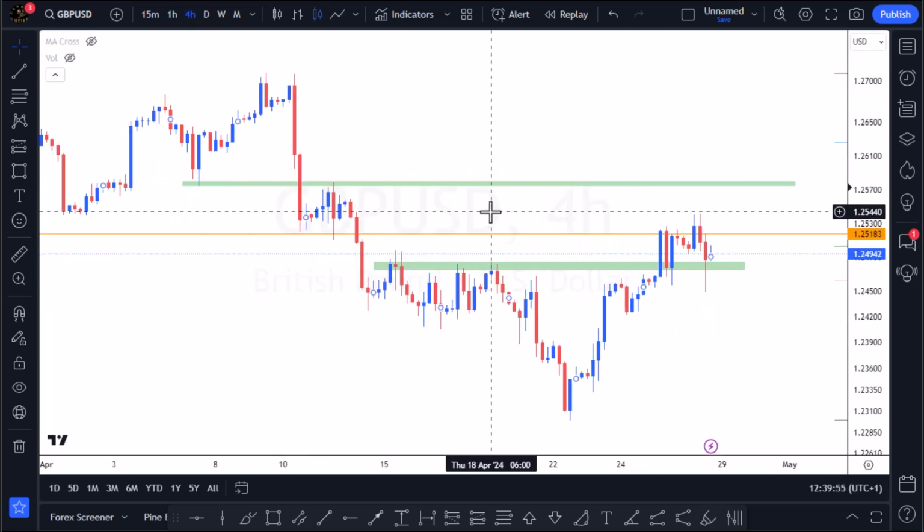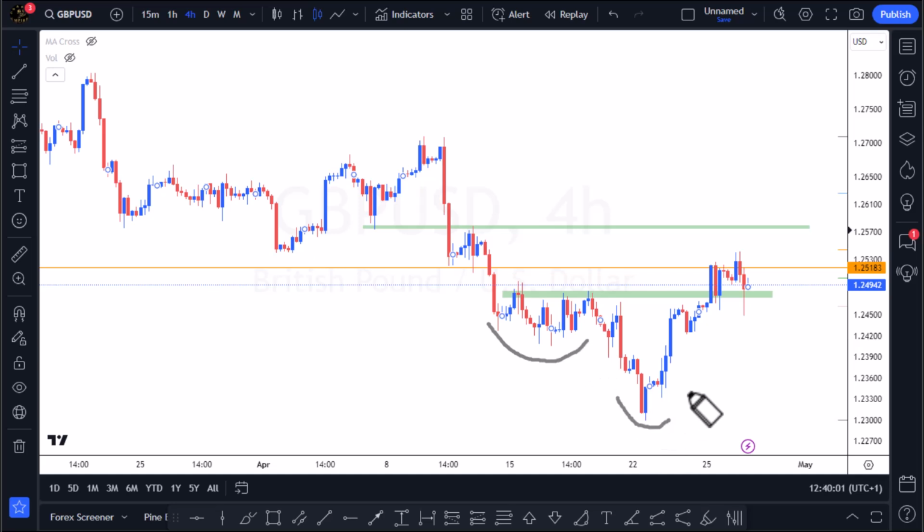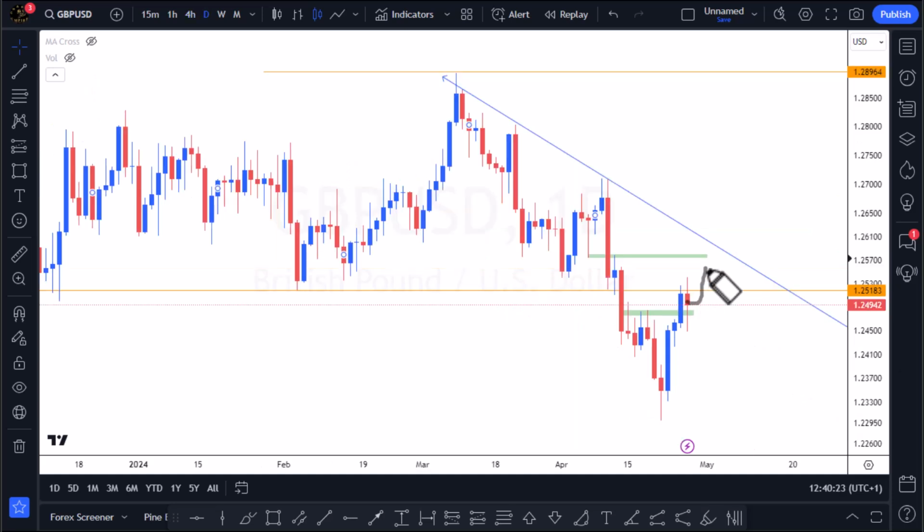A daily bearish follow-through candlestick would invalidate the inverted head and shoulders present on the 4-hour chart.